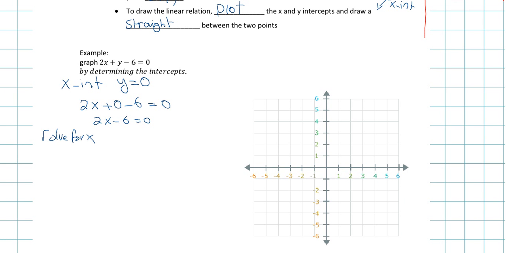Then divide by 2 because there's a multiplication here. The opposite of multiplication is division. So if I divide by 2, I will get rid of that and I get x equals 3. Okay, so what we're doing here, we're solving for x by doing isolation. Does anyone not know how to do isolation?